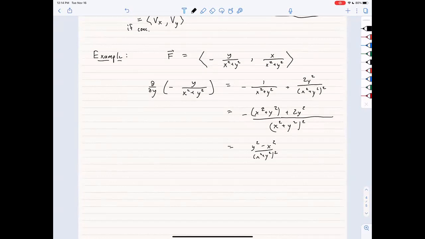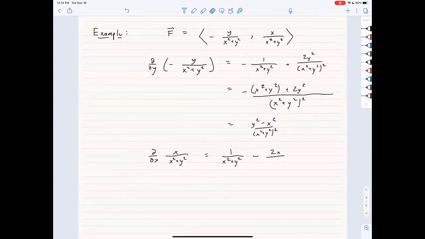Okay, that's del y. Let's take del x of the y component, x over x squared plus y squared. Similar computation. Get 1 over x squared plus y squared minus 2x squared over x squared plus y squared, quantity squared.